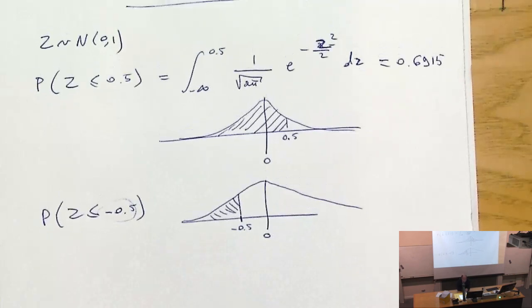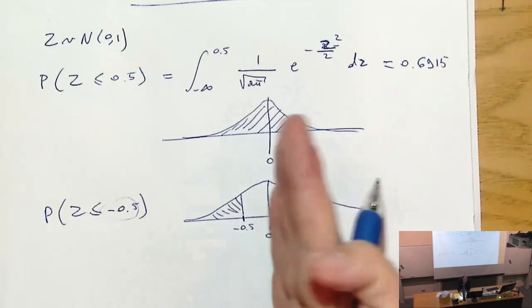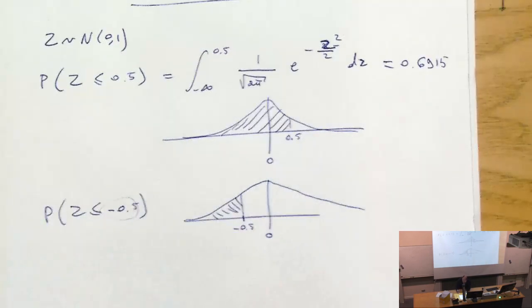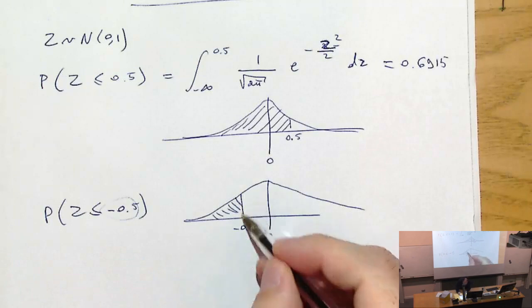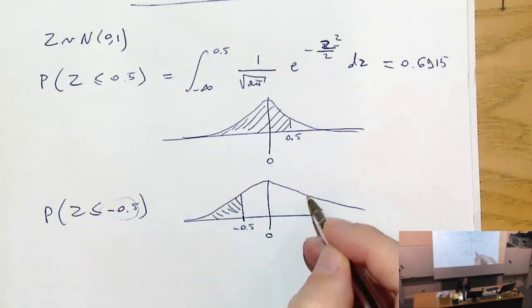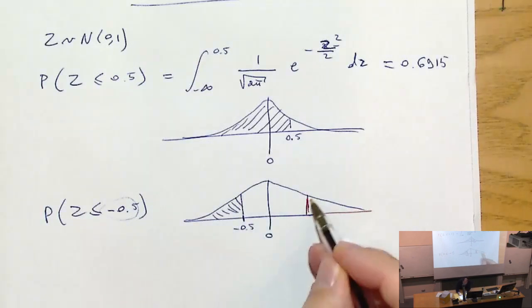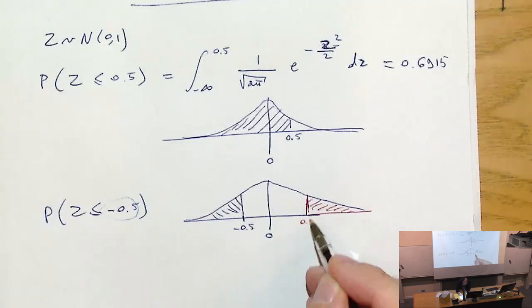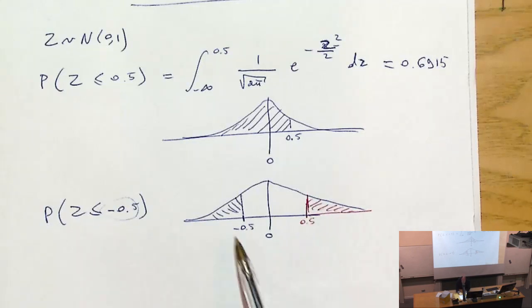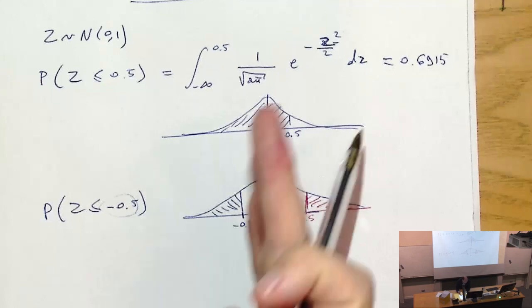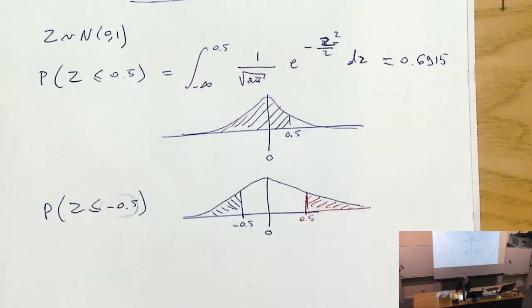Right? So what we use here is the symmetry of the distribution. And we're saying that this quantity, this area, is the same as this area, where this is 0.5. So the blue one and the red one are the same because of the symmetry around 0. Right?